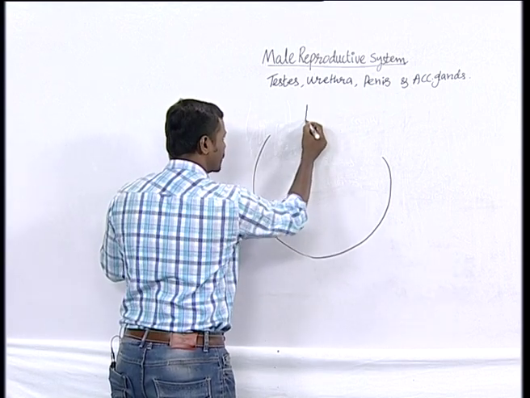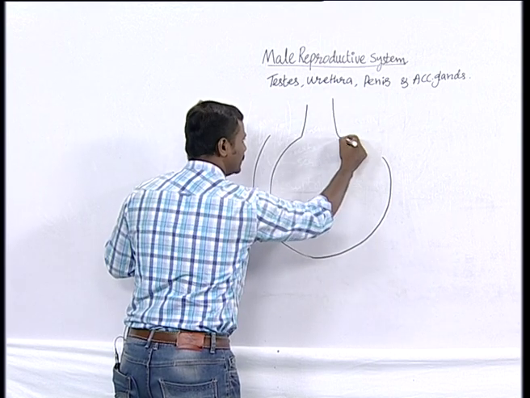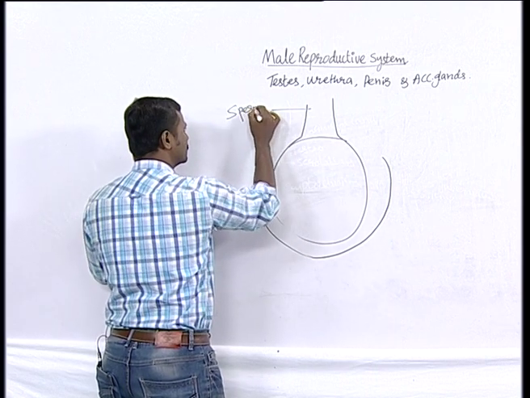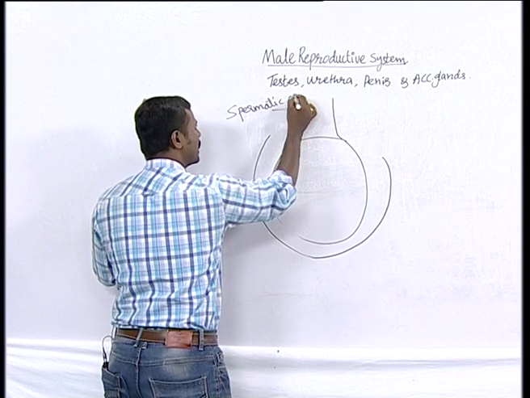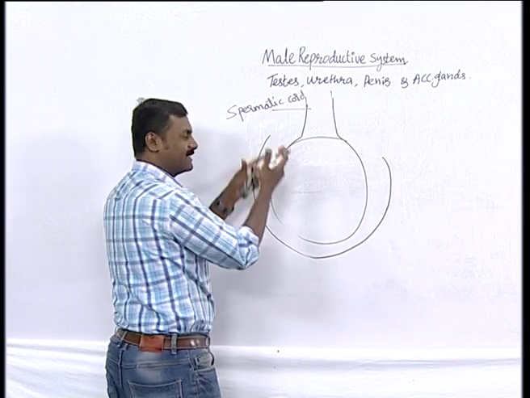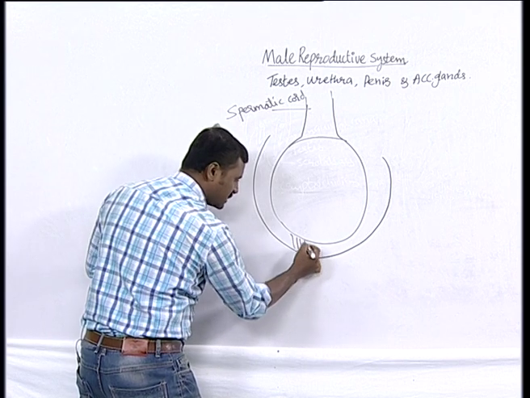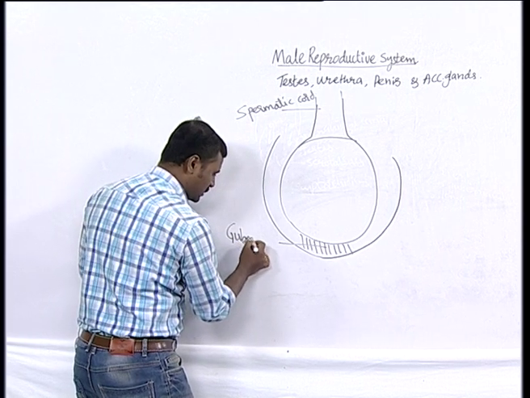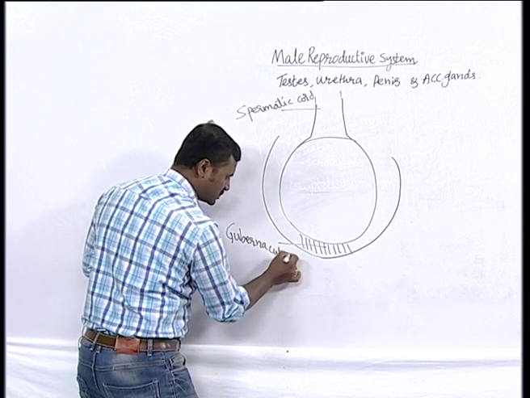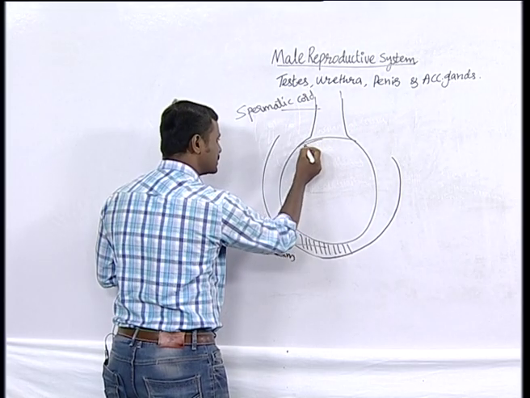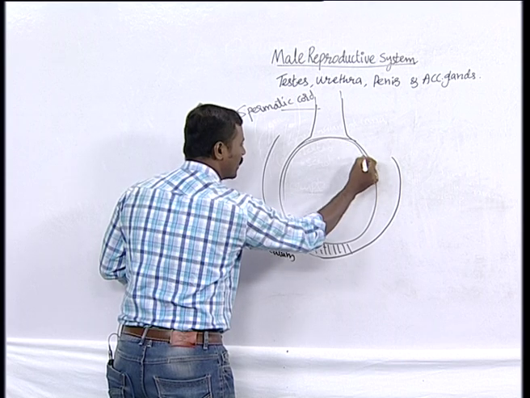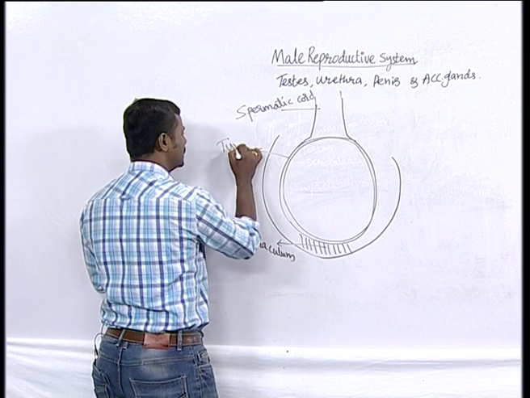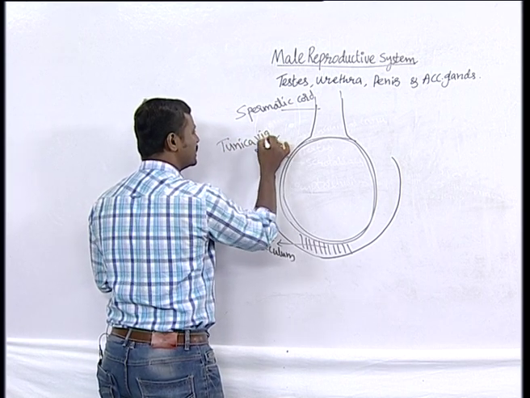Here you see the spermatic cord, which gives support from the anterior side of the testis, and just now we discussed this posterior part, which is called the gubernaculum. The testis is covered by an outer envelope called the tunica vaginalis.